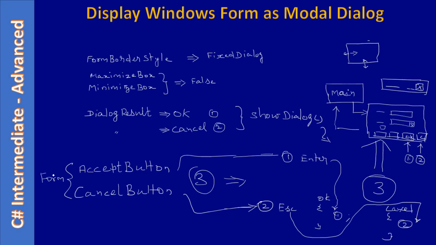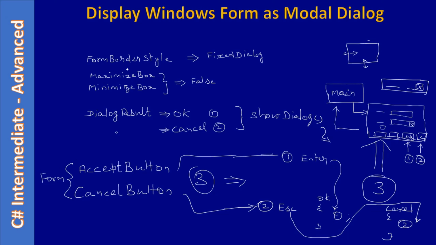As a form, we are displaying this as a modal dialog. For AcceptButton, we specify button 1 so that the keyboard event of Enter will hook to the event procedure of the OK button. Similarly, for the cancel button, the keyboard key press Escape will hook to the event procedure of the cancel button. So just by setting this accept and cancel button.